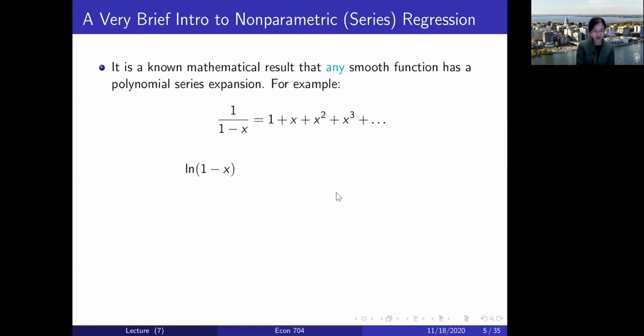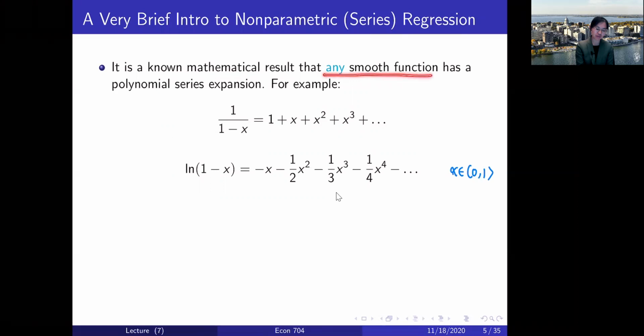Another example, the logarithm of 1 minus x can also be written as a sum of polynomial terms, but with different coefficients, with these coefficients. Here, clearly, we also want x to be in the domain 0 to 1. So these are some examples, but the result holds in much greater generality.